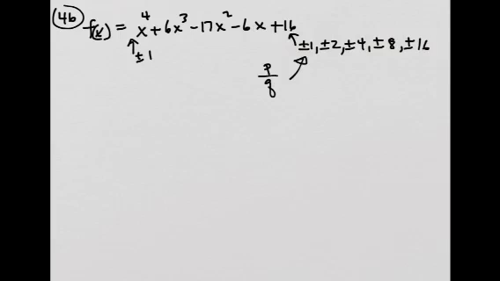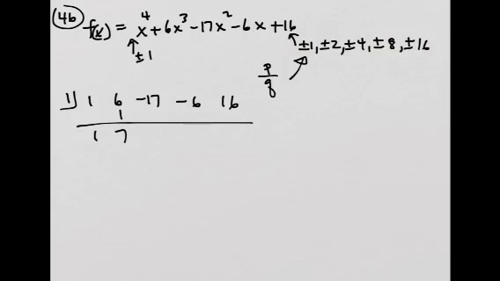Okay? So we'll start with 1. So 1, 6. There are no missing terms, so there are no placeholders. So we try this one, bring down the 1. 1 times 1 is 1, 6, 7. 7, negative 10, negative 10. You put the answer here, you get negative 16. Negative 16 right here, and 1 works.